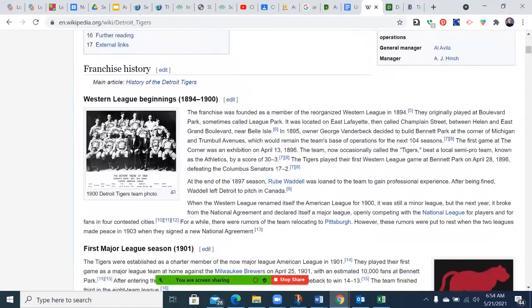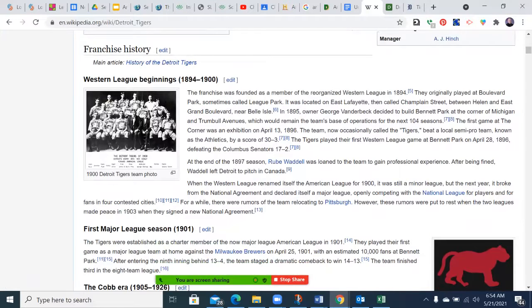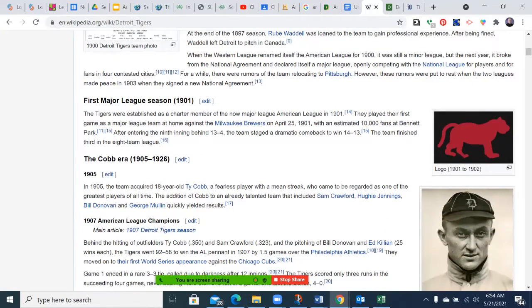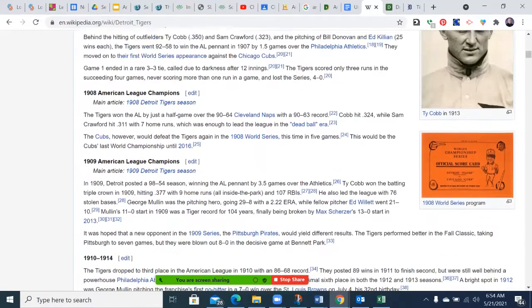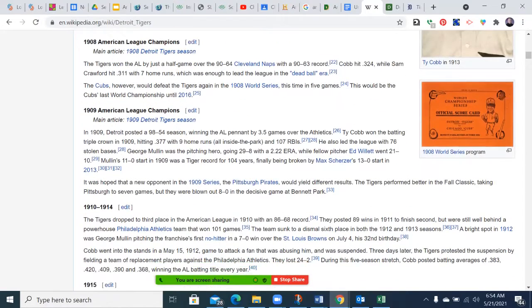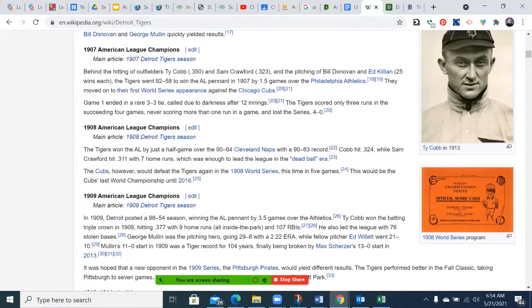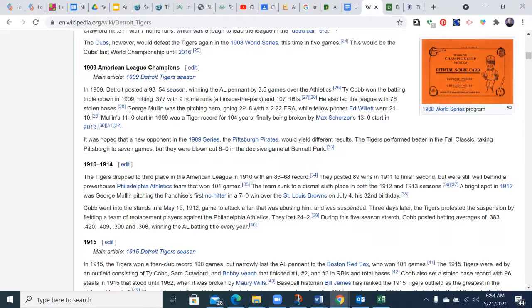As we scroll through it, we see about their original days in the Western League, their first Major League Baseball season in 1901. Then the era of Ty Cobb. If you've ever read Hannes and Me, one of those is kind of set partially in Detroit when they play the 1909 World Series against the Pirates.